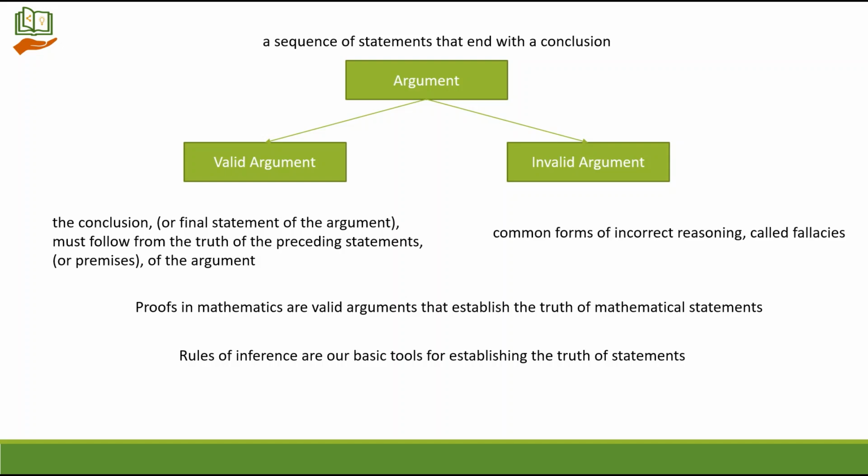Some common forms of incorrect reasoning are called fallacies, so they come under invalid arguments. Valid arguments that establish the truth of mathematical statements become proofs in mathematics, and to establish such truth of statements, we are using rules of inference. So this is how we are connecting rules of inference to valid arguments.